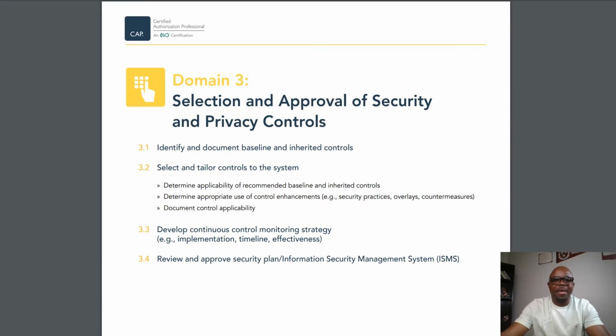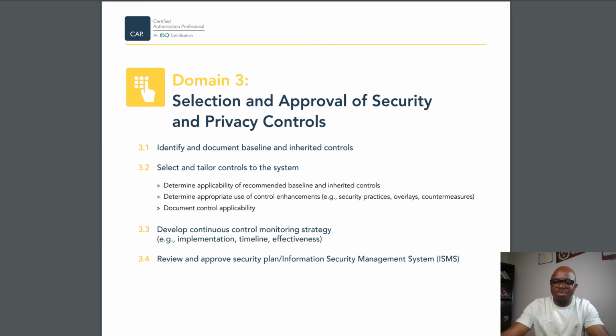Domain 3 is now called selection and approval of security and privacy controls. Now you see ISC2 is adding privacy controls. ISC2 is adding approval into domain 3. You still have to select.